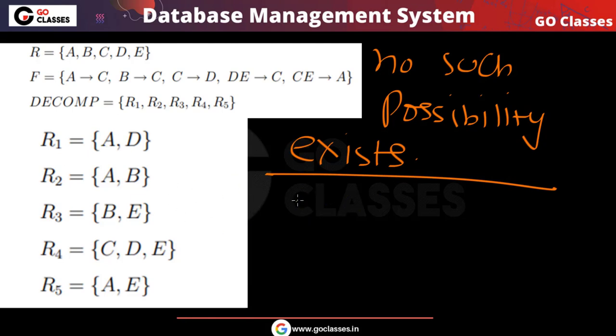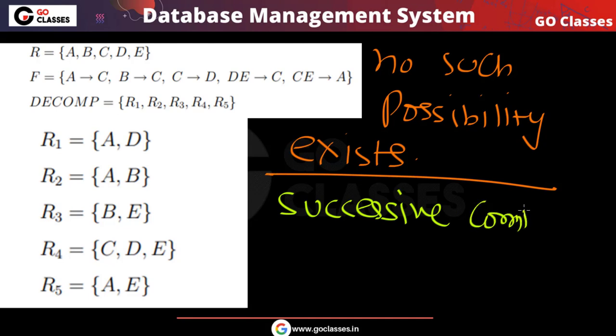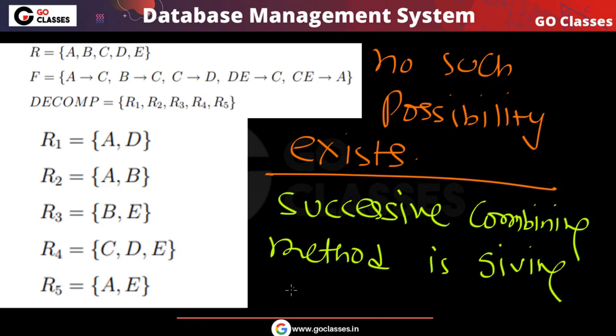So I can say finally that this successive combining method gives the answer lossy. This method is giving the answer as lossy.